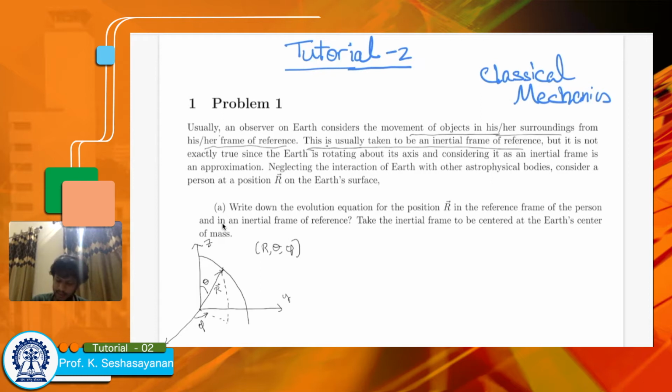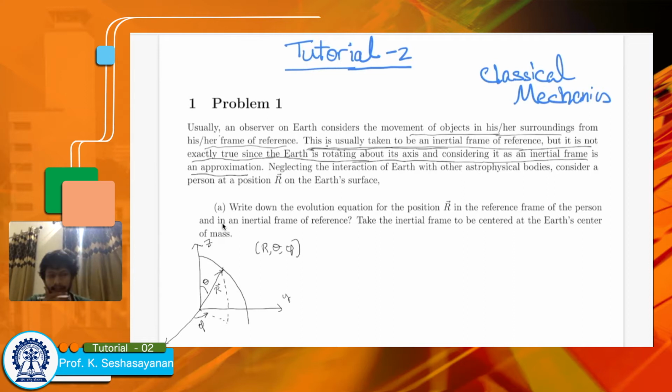And by inertial frame of reference, I mean that the observer would consider himself or herself to be in a frame of reference that is not accelerating. So it's at rest, and there's no net force that is acting on it. But it is not exactly true, since the Earth is rotating about its axis, and considering it as an inertial frame is an approximation.